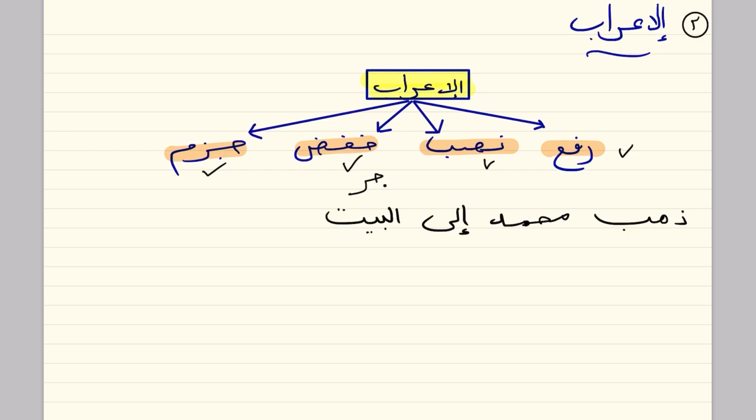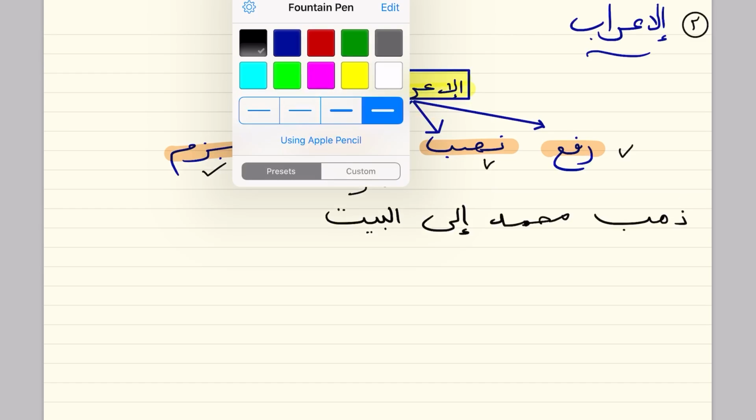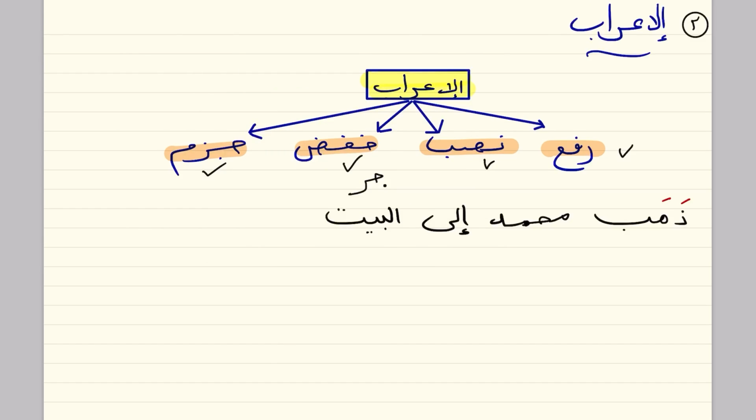We know it is فعل ماضي, so it has to end with the fatha, because فعل ماضي is مبني على الفتحة. محمد has to end with رفع because محمد here is the subject. It is the فاعل.